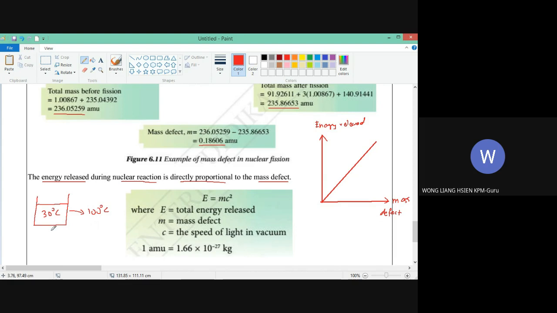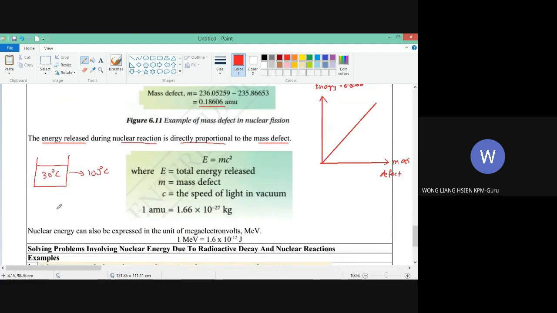Get the idea? Another example is when you are sitting in the car. When the car is not moving, 0 meters per second, your mass is lower. When the velocity of the car is 10 meters per second, your velocity also increases, right? You didn't do anything, you just sit there.